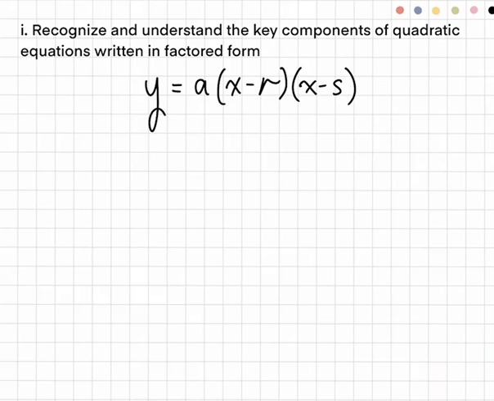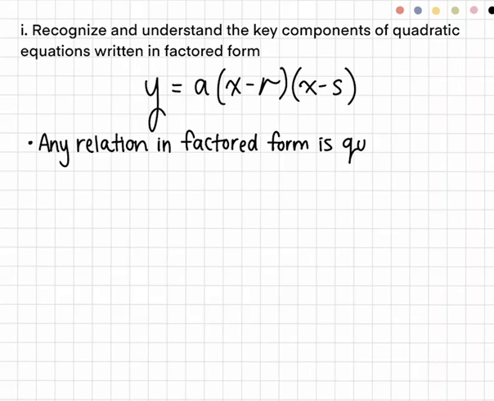Well, first of all, it's important to know that any relation in factored form is quadratic, right? This does not look like what we were doing in earlier videos when we were working with linear equations, y equals mx plus b. That's not this, okay?